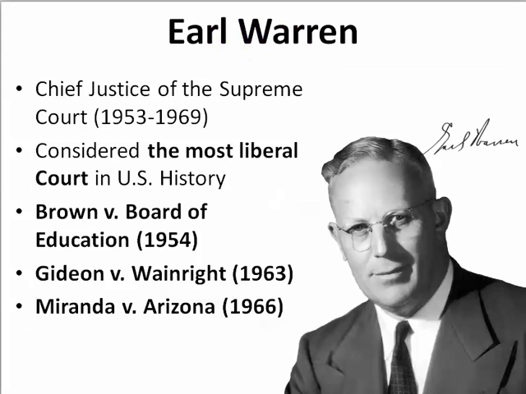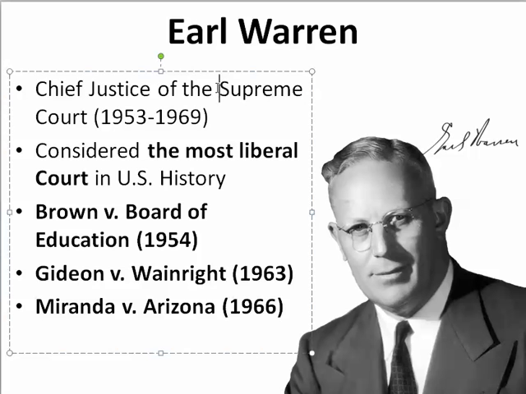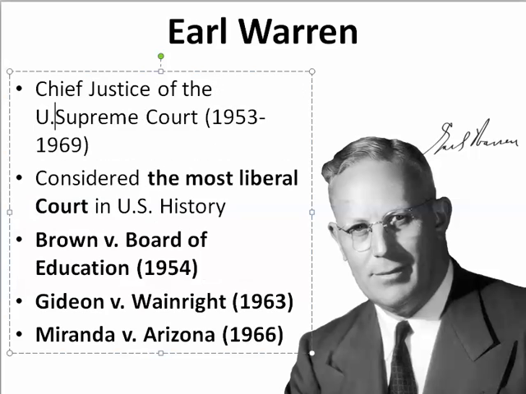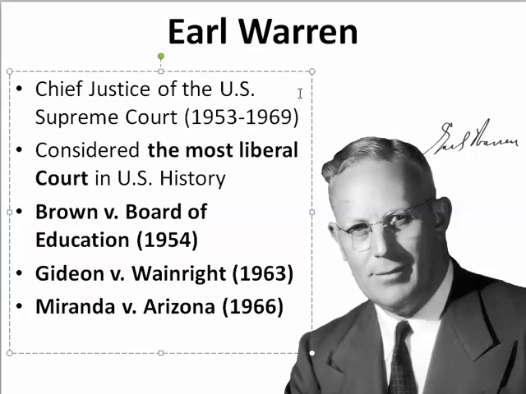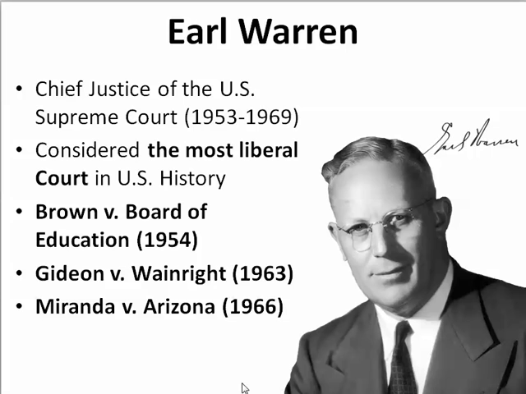Okay. This is Earl Warren. And Earl Warren was Chief Justice of the United States Supreme Court. Let's do that. The U.S. Supreme Court. From 1953 to 1969. And while he is on the court as Chief Justice, there's going to be a number of Supreme Court cases that are considered liberal in our U.S. history, because it's going to overturn a tradition of handling things within the United States.